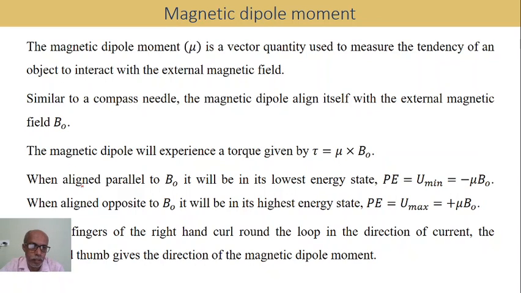When this magnetic dipole is aligned parallel to the direction of the external magnetic field B naught, it will be in its lowest energy state. That is, the potential energy will be minimum, and that will be equal to minus mu B naught.